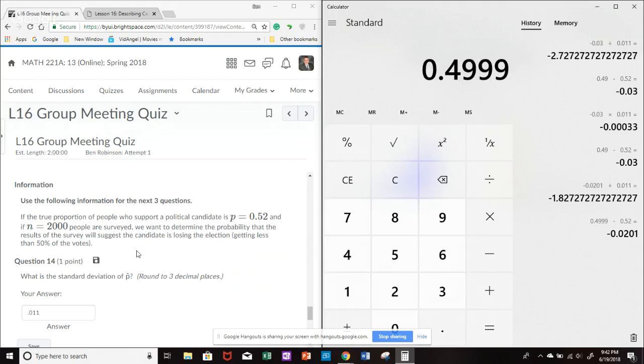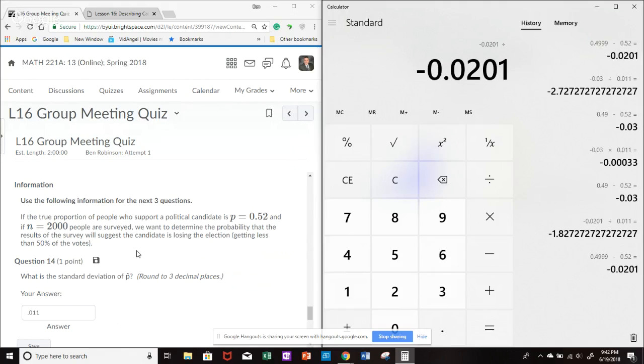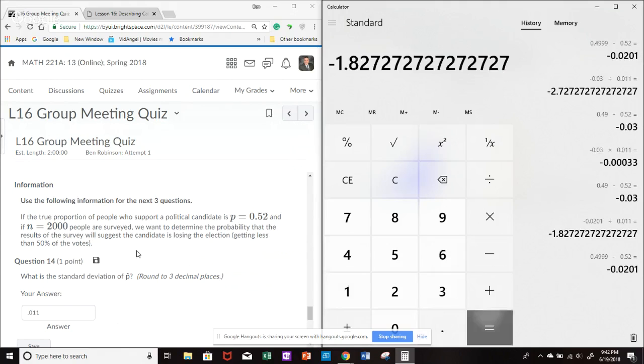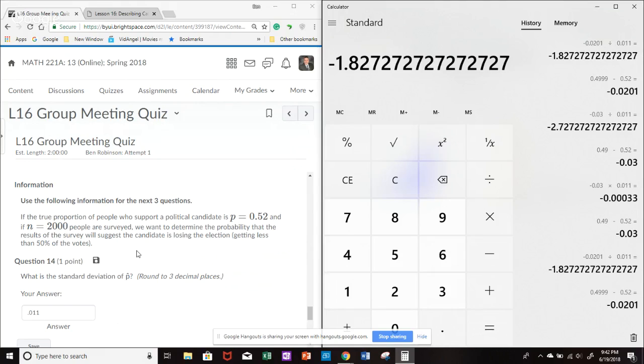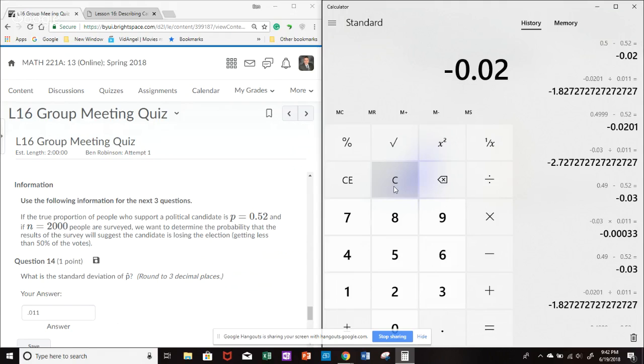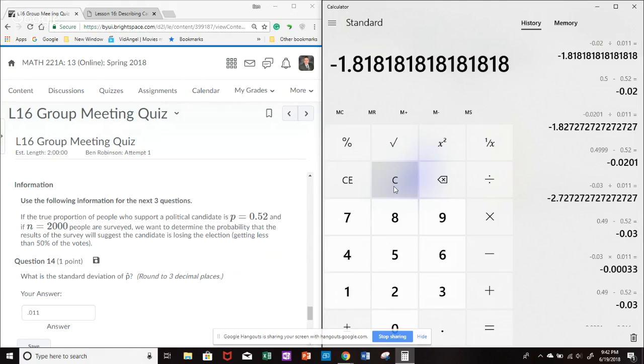I'm banging my head against the wall because if we use 0.4999 minus 0.52 and then divide that by 0.011, it's 1.83 actually. If it was 50.5 minus 0.52, 0.02 divided by 0.011, that's 1.18.